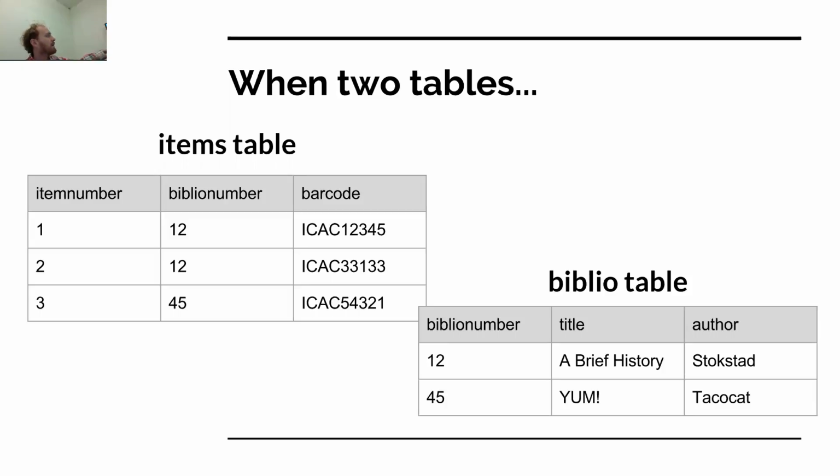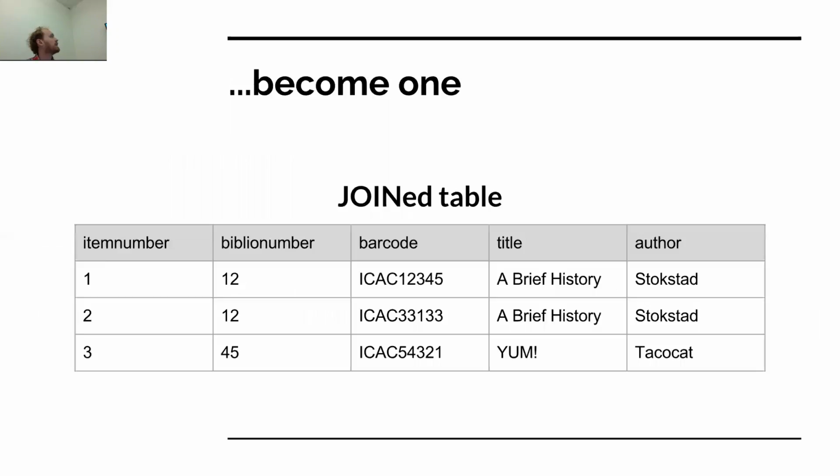Biblio table has a biblio number, that's its identifier, and then it has a whole bunch of bib fields. It has a title, it has an author, etc. And what happens when we do that join biblio on items.biblionumber equals biblio.biblionumber is it combines the two tables into one using that biblionumber as a sort of glue.